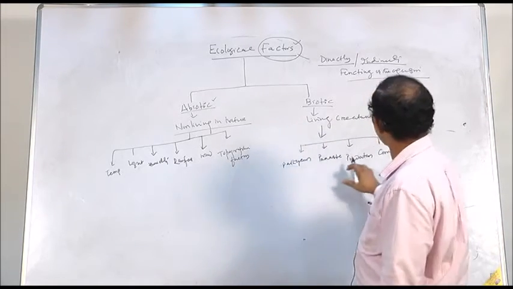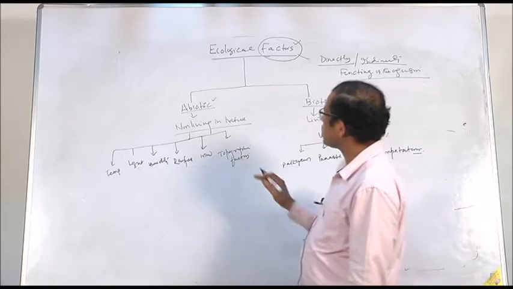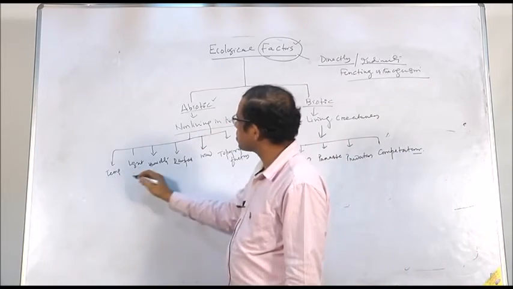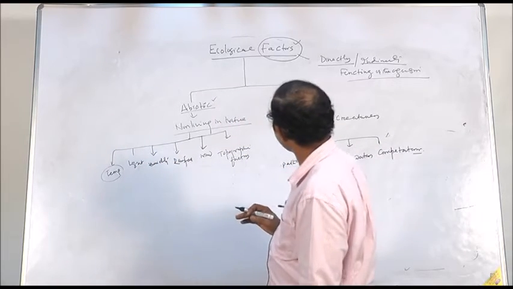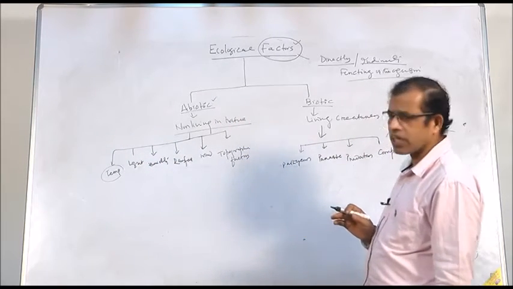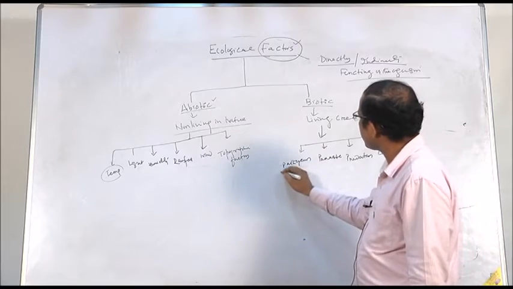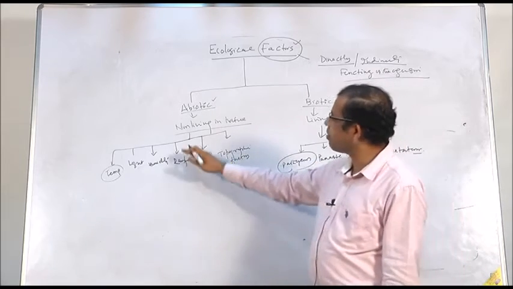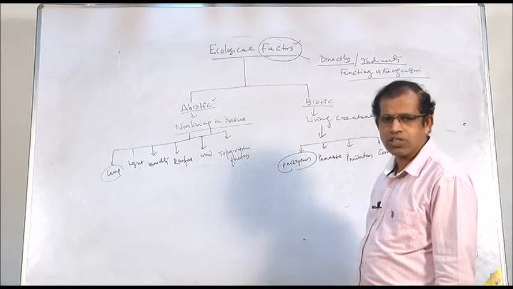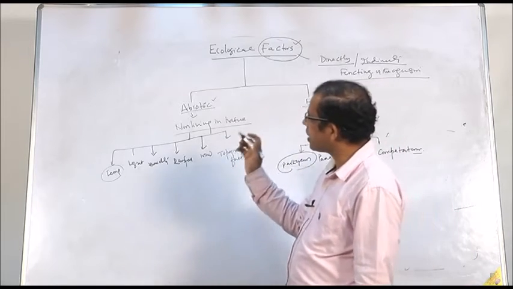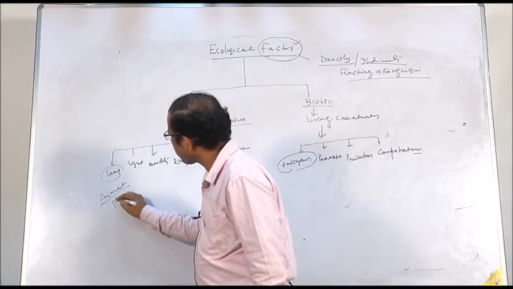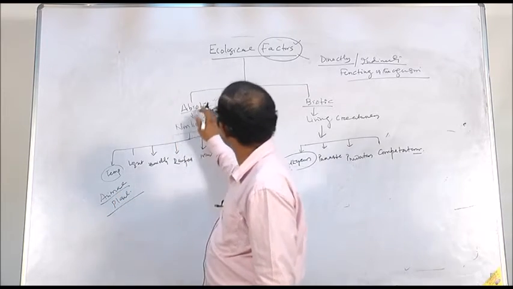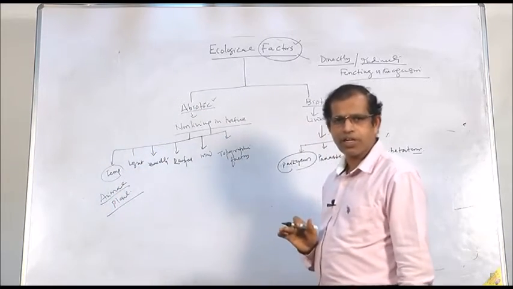So: pathogens, parasites, predators, competition. Let us come to these factors: temperature, light, humidity, rainfall, wind, topographic factors. I will go into detail about how they actually affect animals and plants; that we will study elaborately.